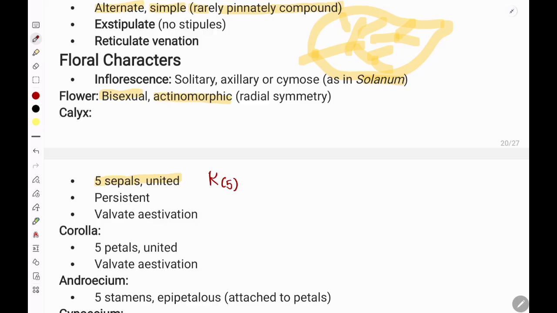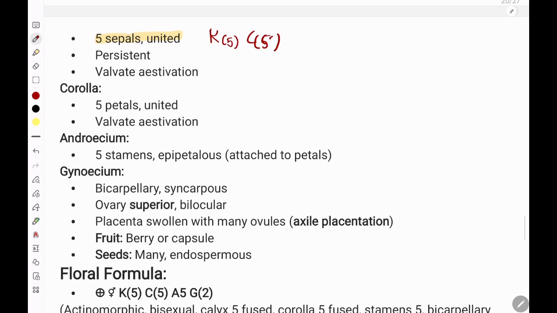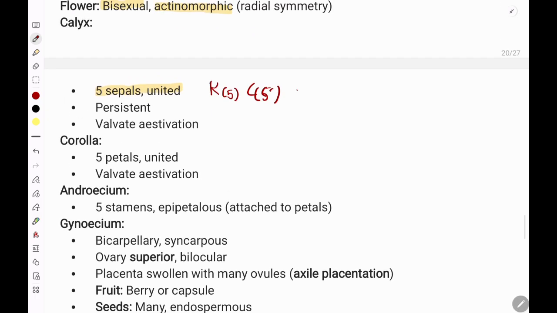The corolla has five united petals. The stamens are epipetalous, attached to the petals.